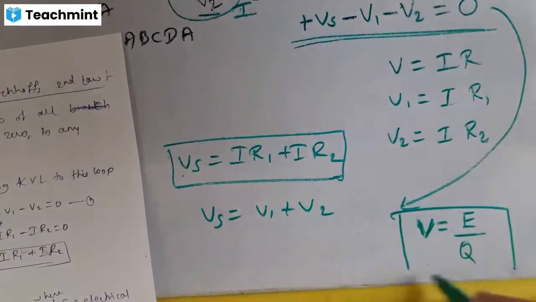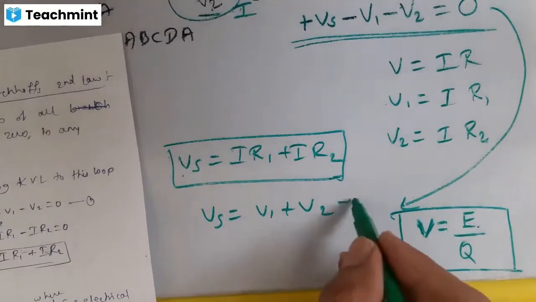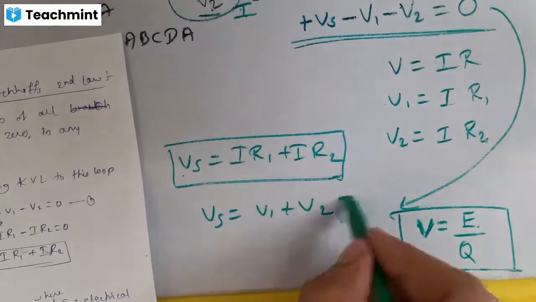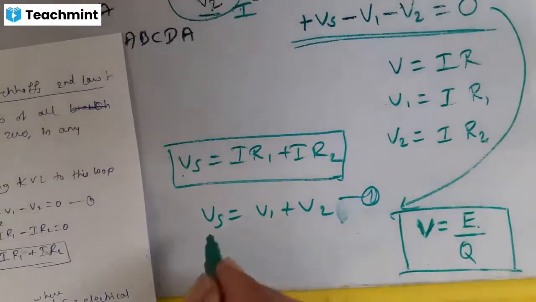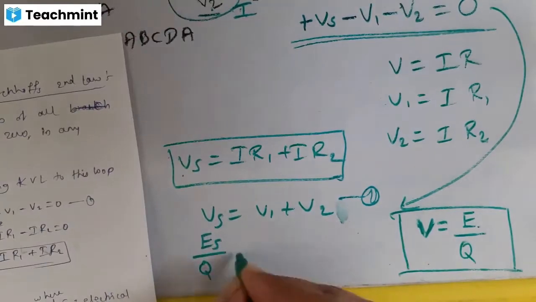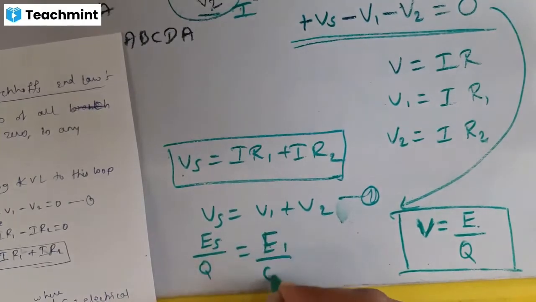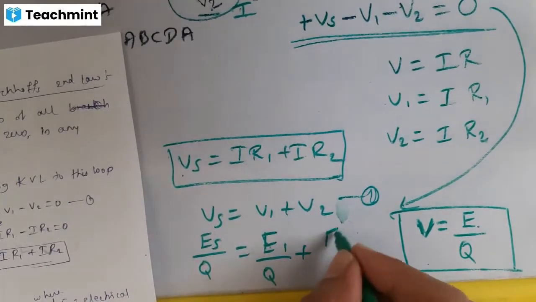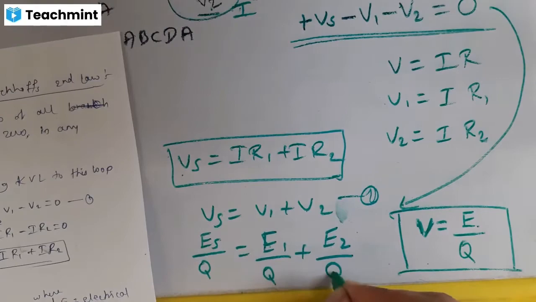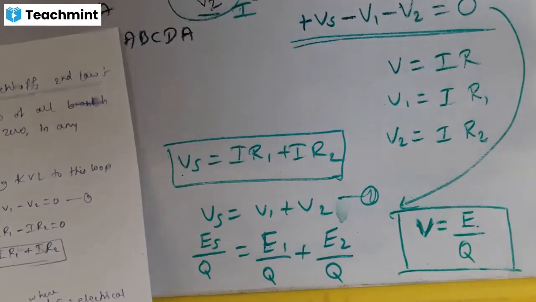Voltage equals electrical energy divided by charge. So you can put this in the equation. In the place of Vs, I will write Es divided by Q. In the place of V1, I will write E1 divided by Q. In the place of V2, I will write E2 divided by Q. Okay. Now I will just cancel out the Q in the denominator.